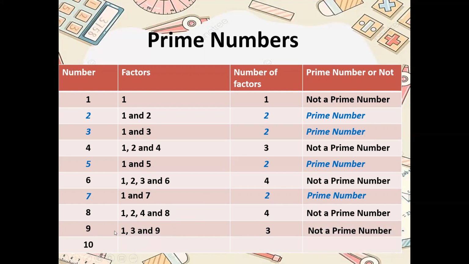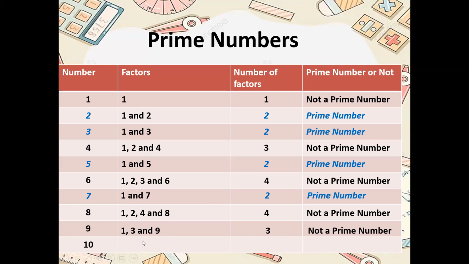The factors of number 9 are 1, 3, and 9. Because number 9 can be divided by 1, by 3 and also by 9 completely without getting any remainders. Therefore, number 9 has 3 factors, that is more than 2. Therefore, it's not a prime number.